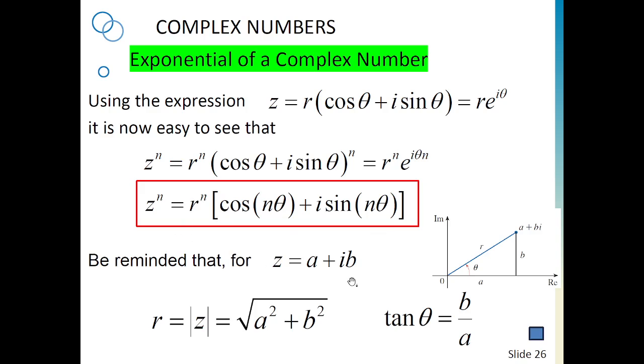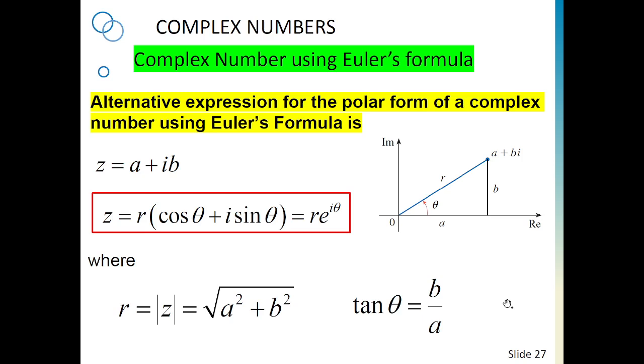Again, r is the distance, the modulus, square root of a squared plus b squared, and the angle we get from the relation tan theta equals b over a. Again, we need to pick the angle that corresponds to the correct quadrant. We will see some examples with that.